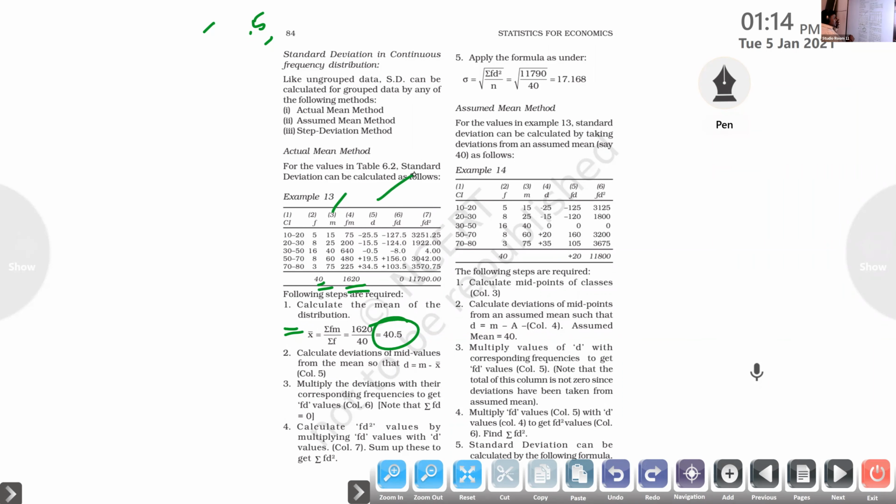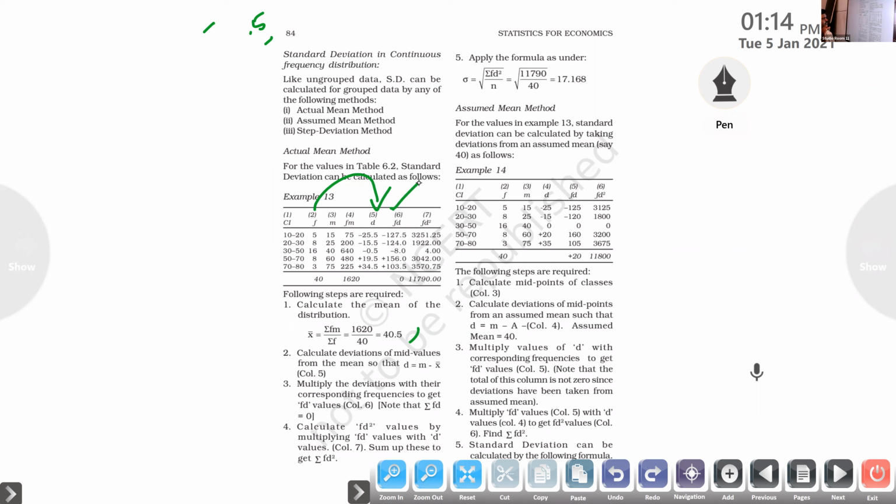Midpoint minus the mean. So here the midpoint is 15 minus the mean, that is 40.5, answer is minus 25.5. Okay, clear? Next step, F into D, frequency should be multiplied with the deviation, D. Clear? So these figures, FD.